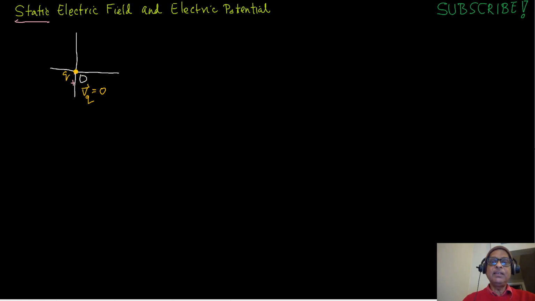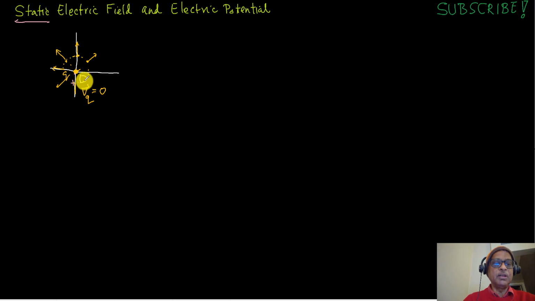In that case, the electric field at any point is pointed away from this charge. Over here the electric field is pointed that way, over here that way, and over here that way.